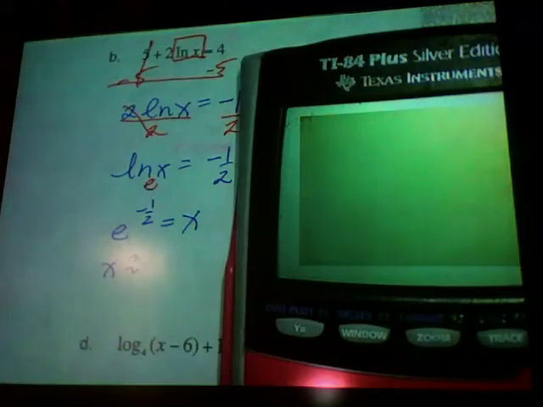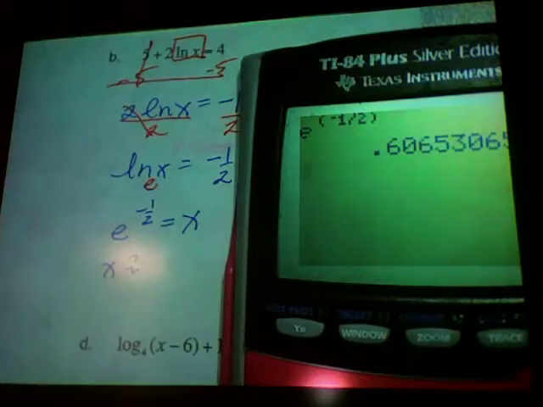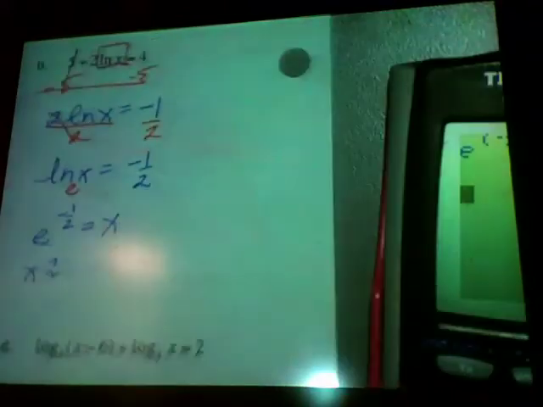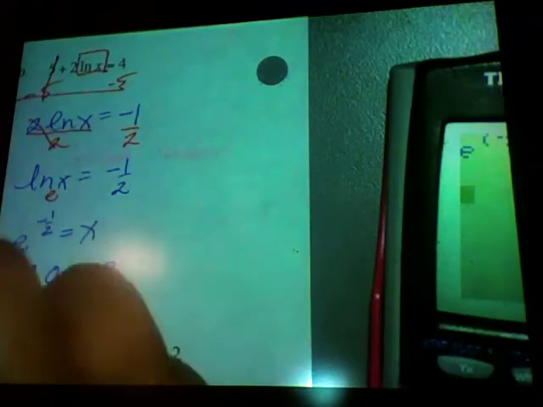Once again, e to the -1 divided by 2. Make sure you're using your negative sign and not your subtraction sign. And 3 decimal places gives you? Yep. So approximately 0.607.